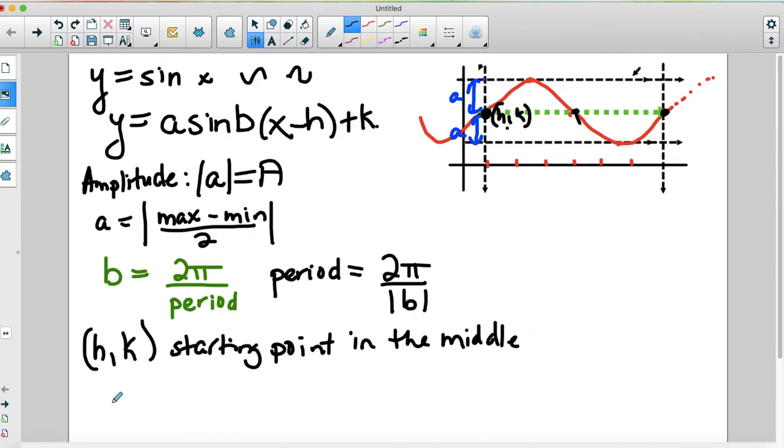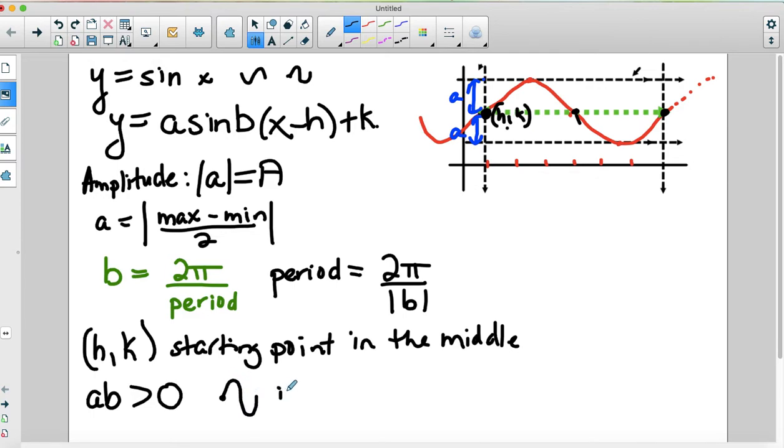Now, the next thing to look at is the A times the B, which would be these two parameters. If A times B is bigger than 0, so both of them positive or both of them negative, your shape would be that starting from the H, you'd be going up, going down, and then going up again.